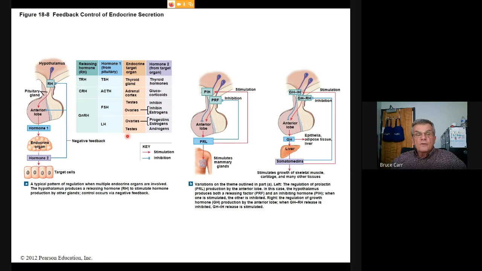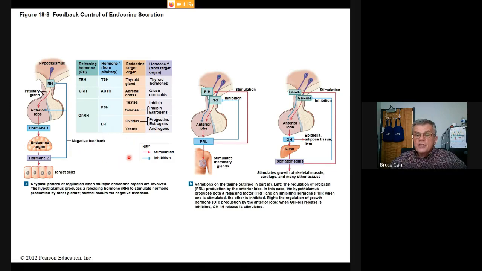In this case, we have listed the gonads in the different sexes: testes and ovaries. Follicle-stimulating hormone involves inhibin in the testes and inhibin and estrogens in the ovaries. Luteinizing hormone produces progestins and estrogens in the ovaries, and testes release androgens in the male.